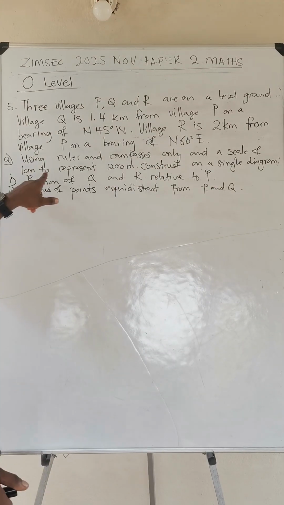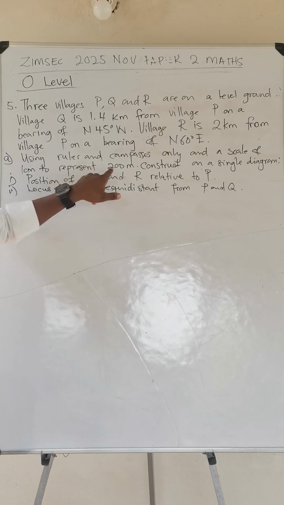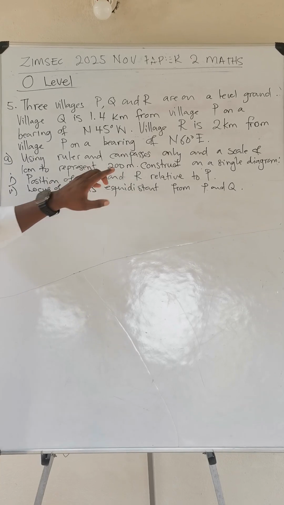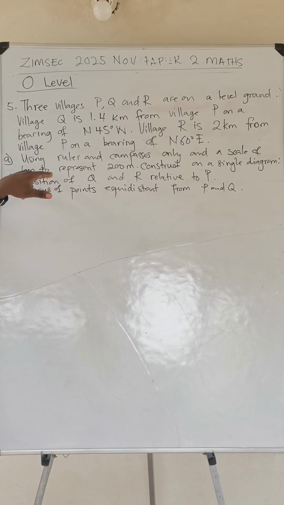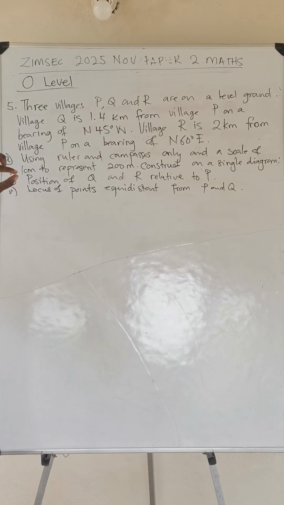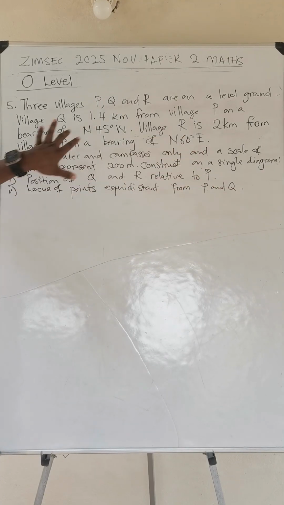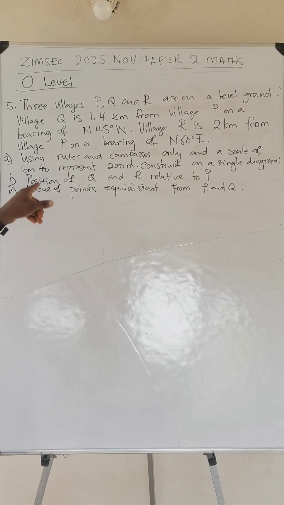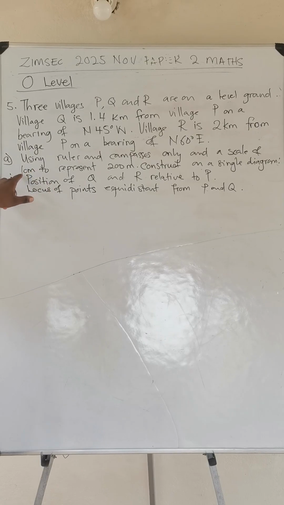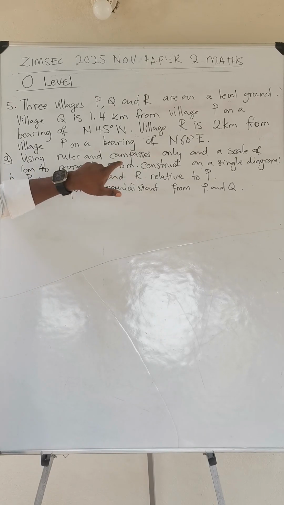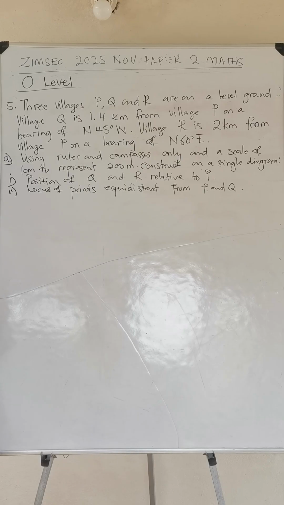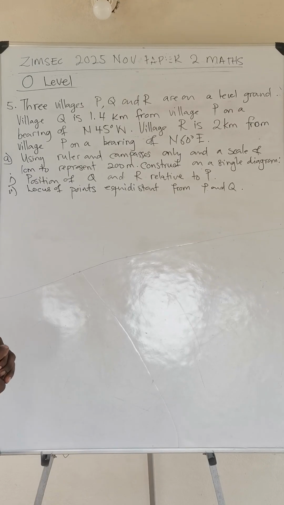In a scale of 1 centimeter to represent 200 meters. Okay, this is very useful information you have to think of. You have to know the scale you are supposed to be using on all your construction processes. Here they are saying use 1 centimeter to represent 200 meters, but our distance is given in kilometers.